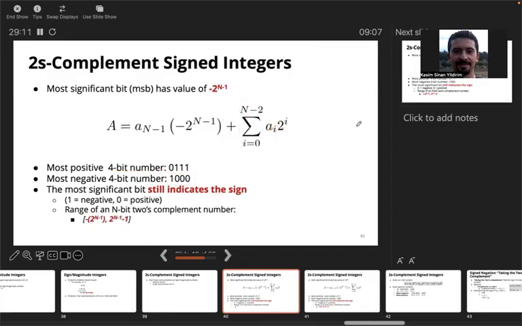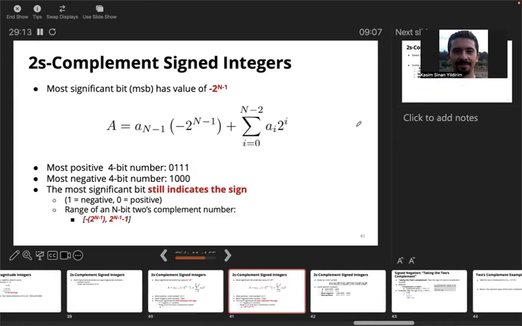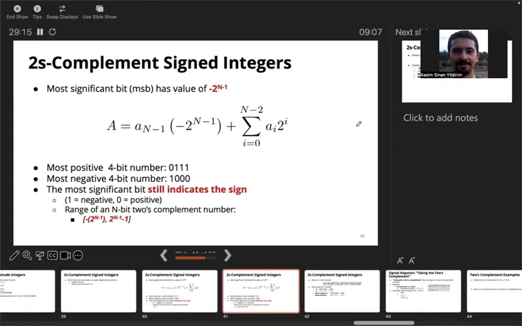So that's the range of numbers that I can represent in n-bit 2's complement form. As I said, if I have n bits, this bit will have the impact of adding -2 to the power of n minus 1.